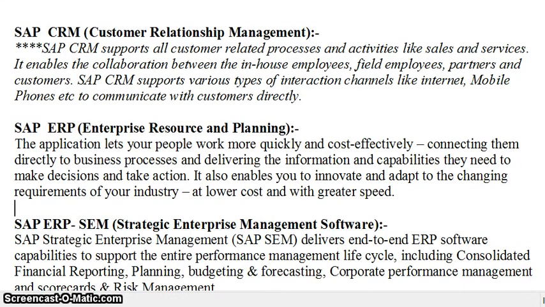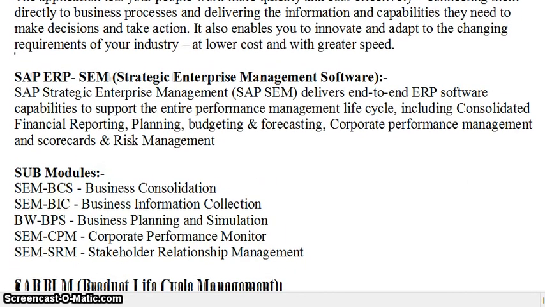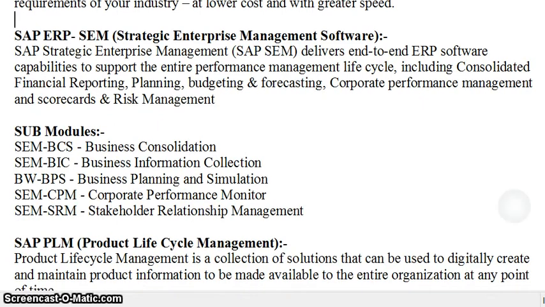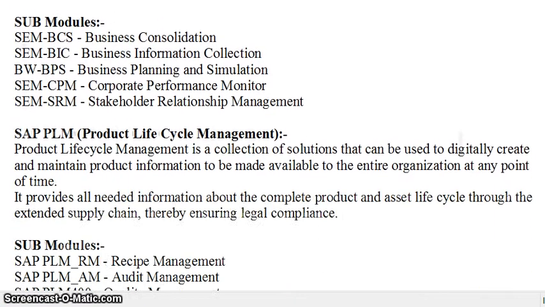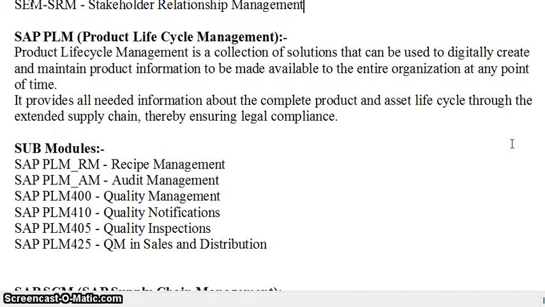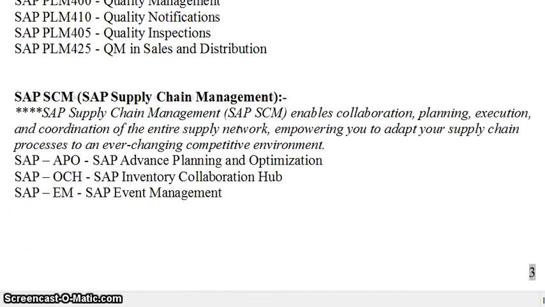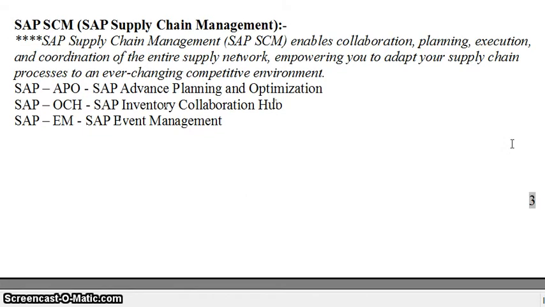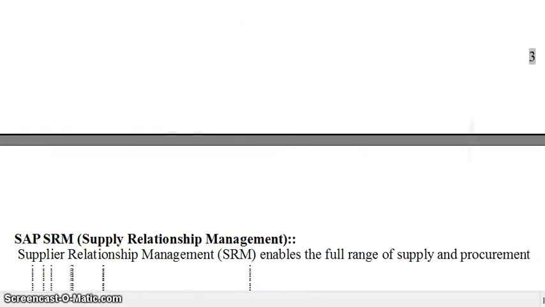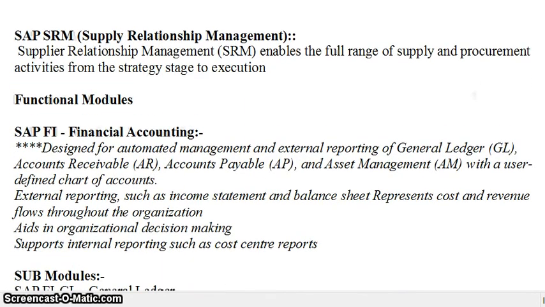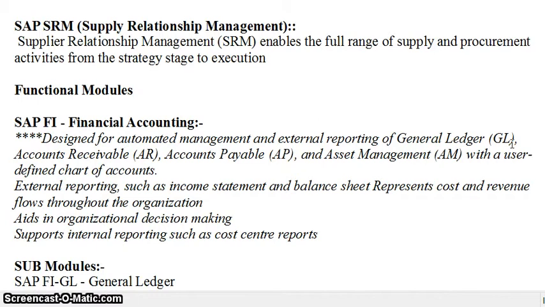And then it goes on into more detail about what customer relationship management, enterprise resource planning, strategic enterprise management do. And they have submodules. It talks about the product lifecycle management, and it has submodules as well. And then you go into the supply chain management, which has submodules in it too. You've got the supply relationship management.